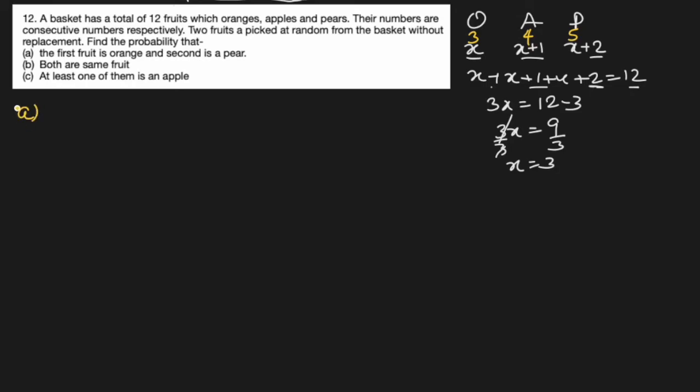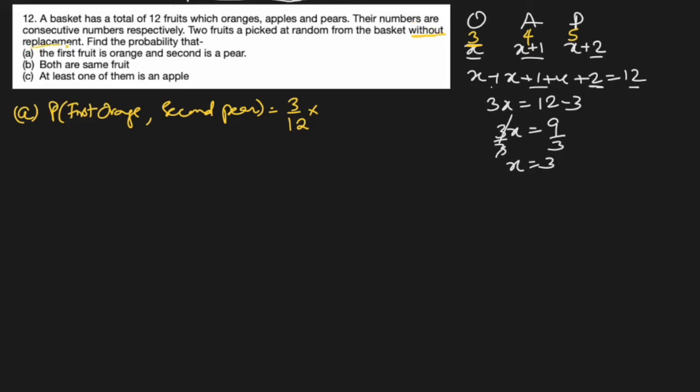The first fruit is orange. What is the probability that the first fruit is orange? This is 3 out of 12. So first orange and second pear. So it is 3 out of 12 and it is without replacement.